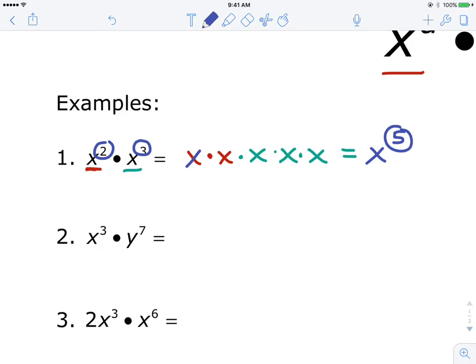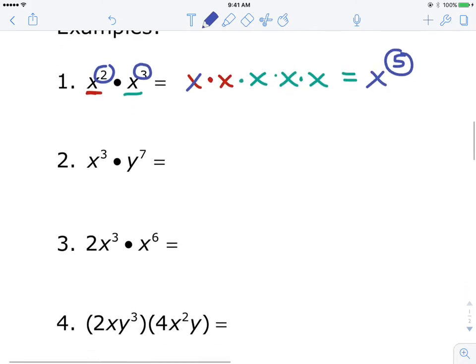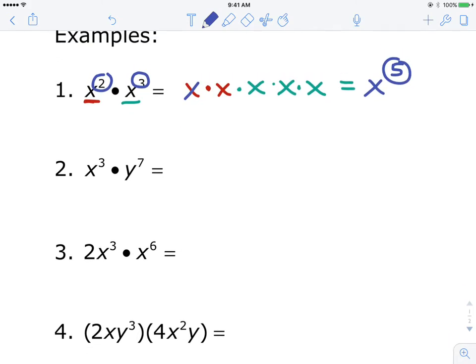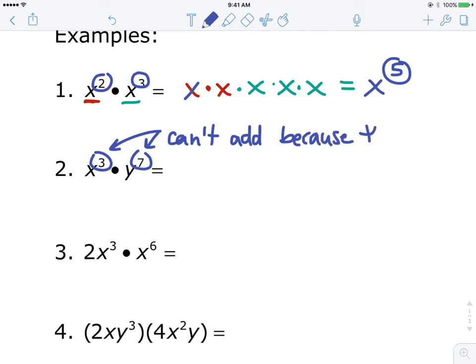When we're looking at the next one, we've got something kind of strange going on. We've got x to the power of 3 times y to the power of 7. Well, we cannot add these exponents. We cannot add the 3 and the 7. I'm going to write this down here: can't add because the bases are different.